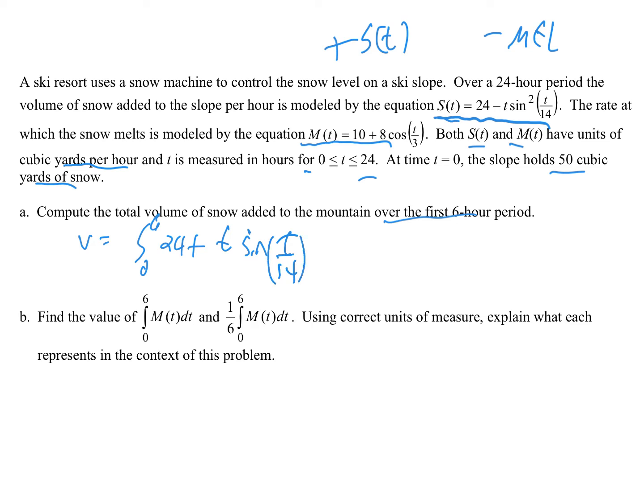So I put that there, put the squared there, dt. Can't really do this by hand, so you need to go to a calculator and integrate that function from 0 to 6. I'm going to go do it, and I'll come back to you and we'll see what the answer is.